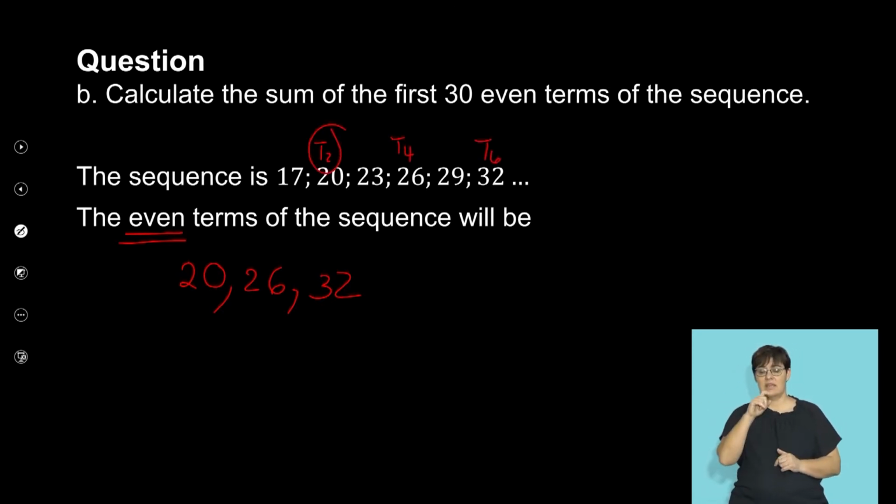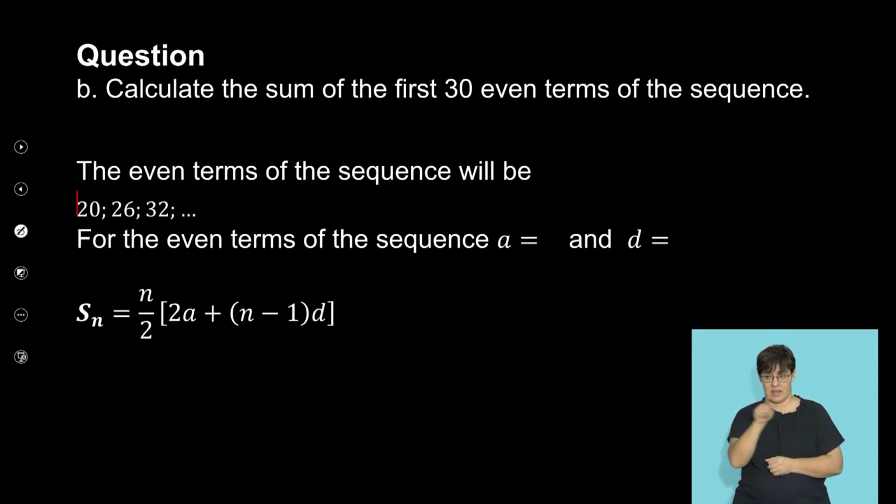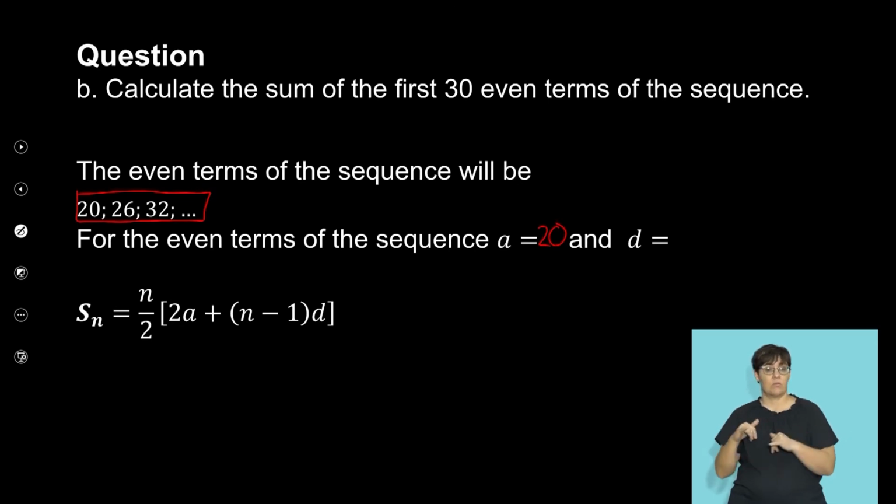These are the even terms of the sequence. I still need to calculate the sum of the first 30 even terms. So because these are my first 3 terms of the even sequence, I have to find a new A and a new D. So my new A is 20, and my new common difference is 6.